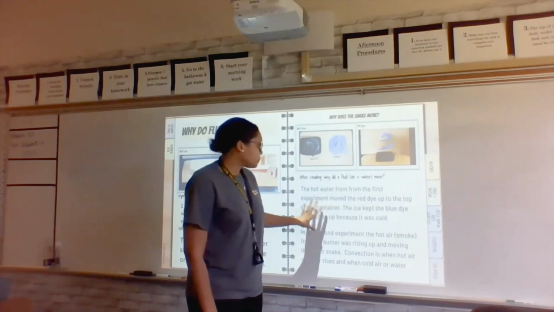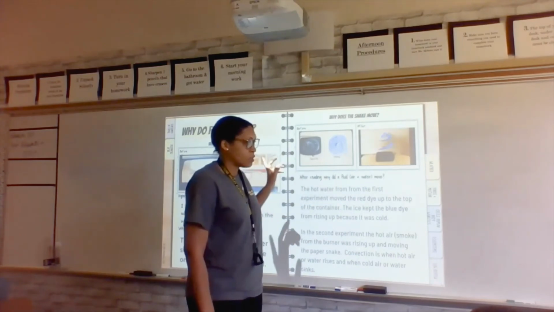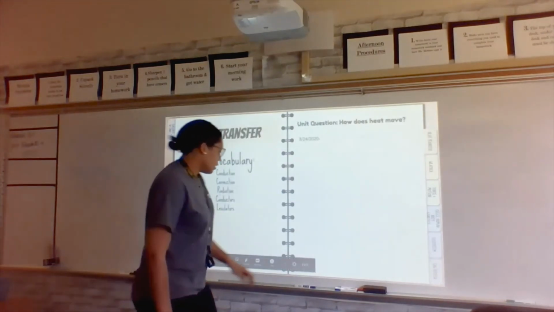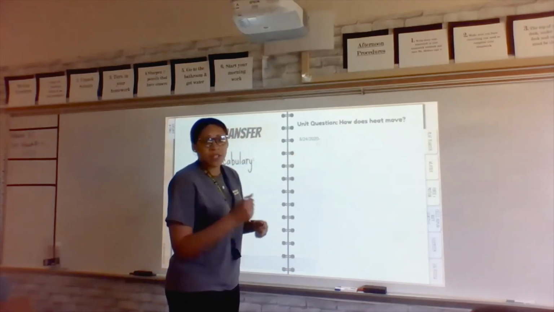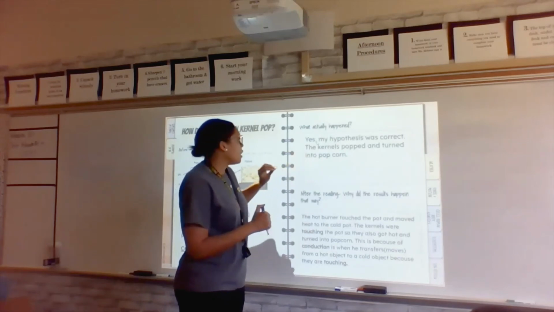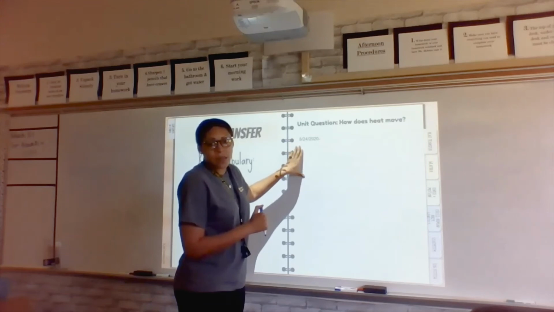So after I fill this in, oh, I need to go to my heat moves at the first slide. So after I fill this in, I need to go back to here. And actually I did the conduction part on the board. I did it on the board and I didn't type it.